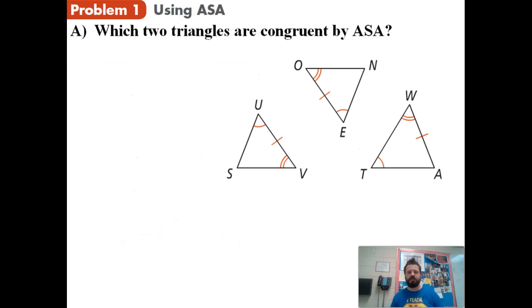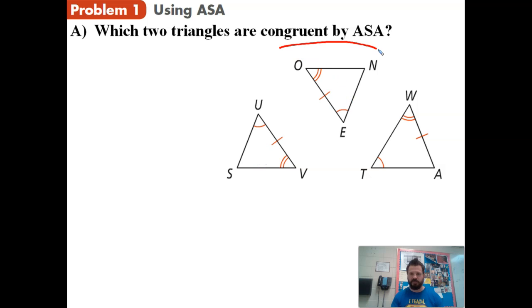All right, so let's put those two new shortcuts to work. Problem 1, part A says: which two triangles are congruent by angle-side angle? This is a great problem to help you practice visualizing how these parts have to come together on a triangle. So we're looking for the angle-side angle postulate. It looks like it's going to be the first triangle and the second triangle.